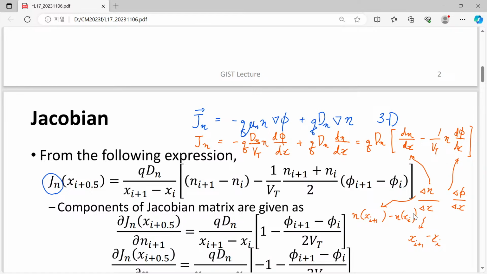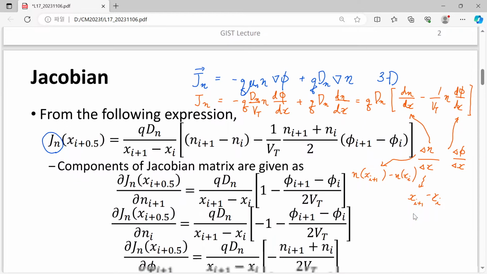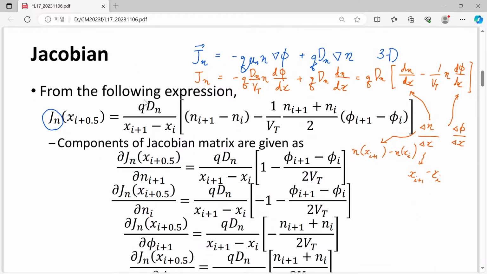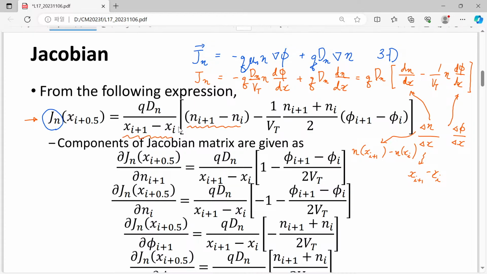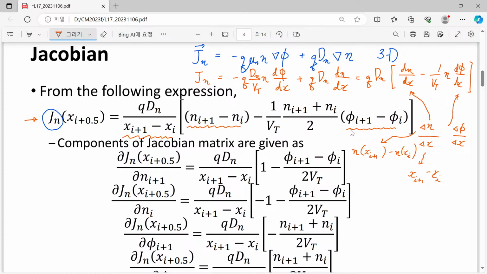That was what we have studied up to now. From the previous expression, we can immediately obtain this current density expression. Delta n divided by delta x corresponds to your diffusion term, and this corresponds to your drift term, d phi over dx.